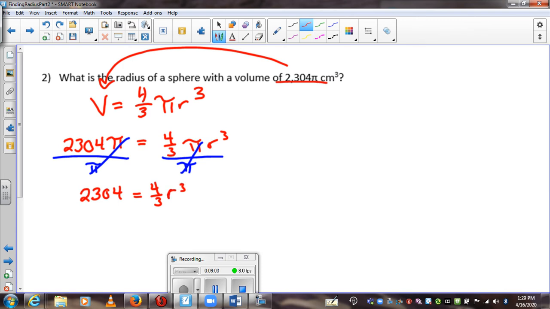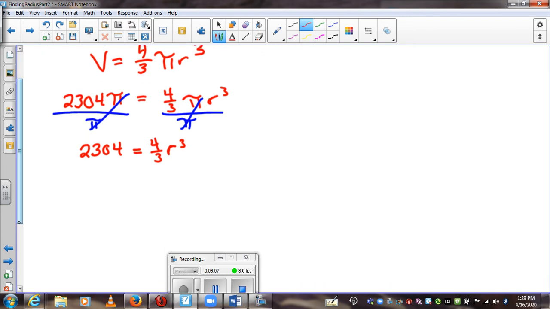Now, there are some other things that you could do if you want. If you had a really basic calculator, you could multiply both sides by 3. Those are going to cancel.